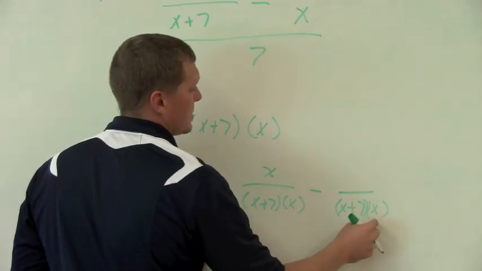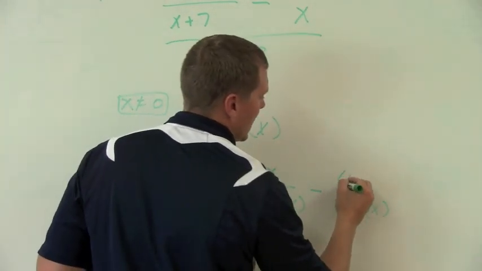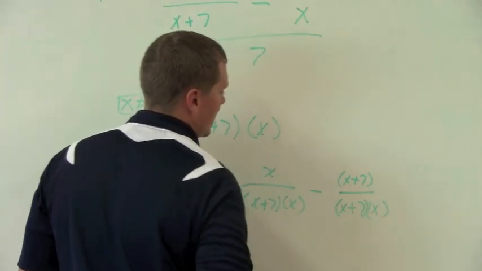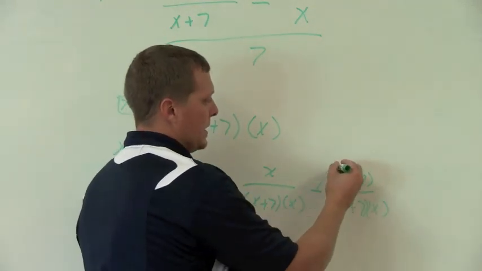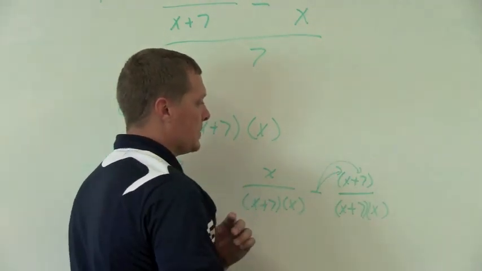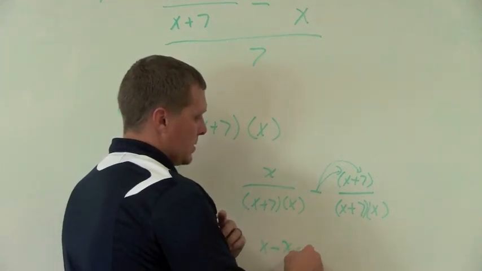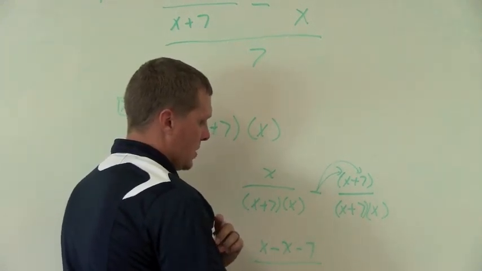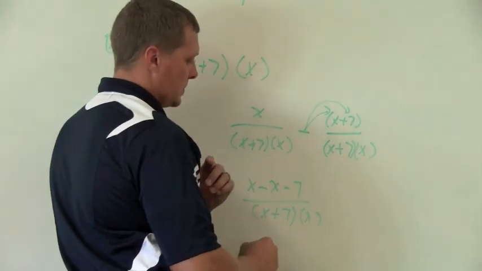We already had the x, so we needed the x plus 7. x plus 7 times 1 is x plus 7. We can combine these together now. Remember, we've got to deal with that negative sign in there. So we end up with x minus x plus 7 over x plus 7 times x.